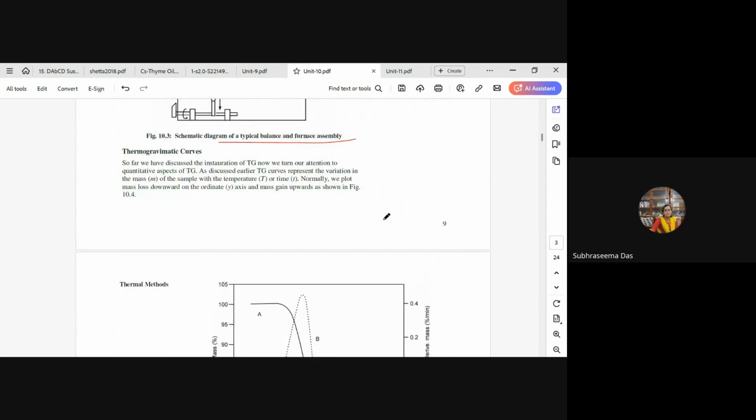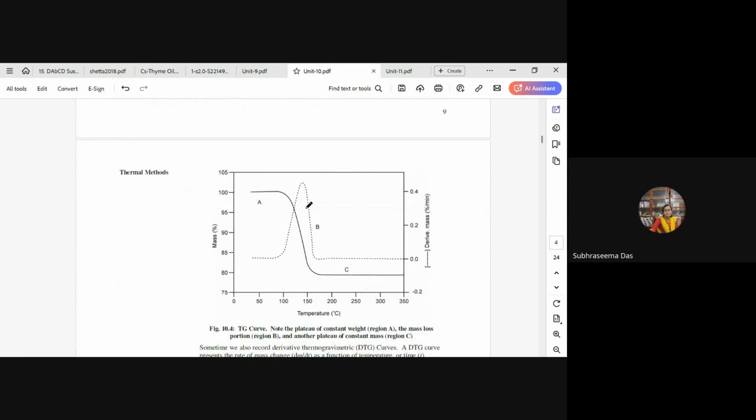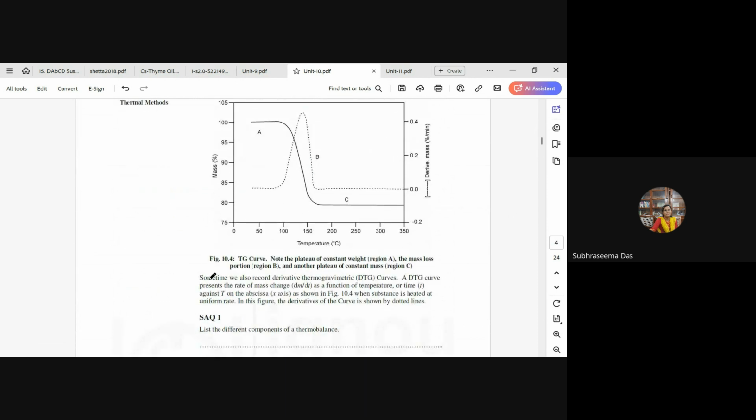Then coming to the TG curves, or the thermogravimetric curves. The TG curves represent the variation of mass m of the sample with respect to temperature or time. When we plot, mass loss is shown downward and mass gain upward on the y-axis. In figure 10.4 you can see a typical TG curve.